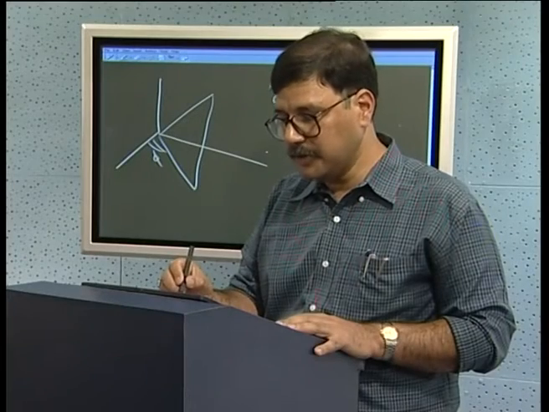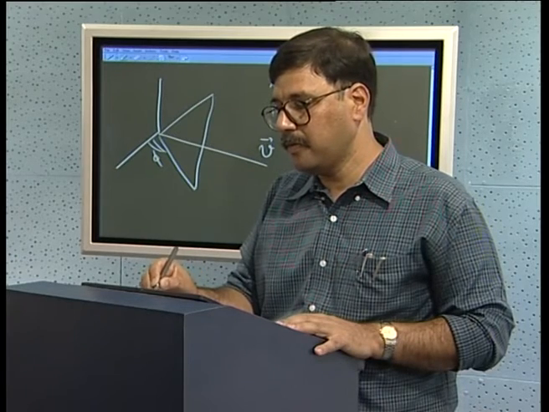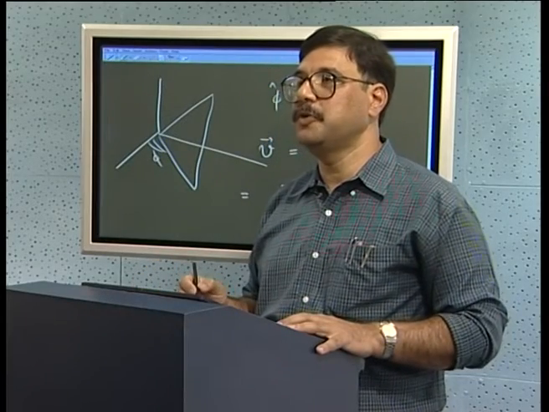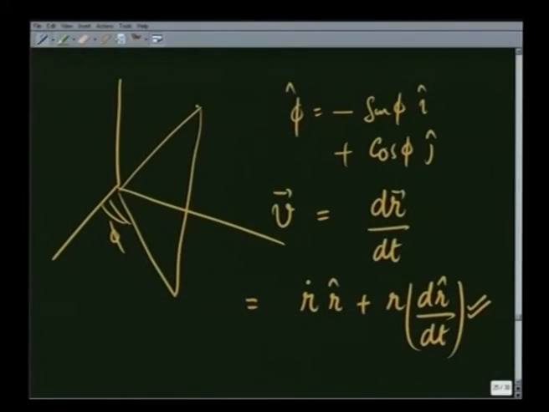Now, how about the velocity? Velocity is equal to dr dt, which is equal to r dot r plus r dr dt. Expression for dr dt, the rate of change of the unit vector, in this case is going to be slightly more complicated, because now it has all three components, but we can geometrically see how this is going to be.